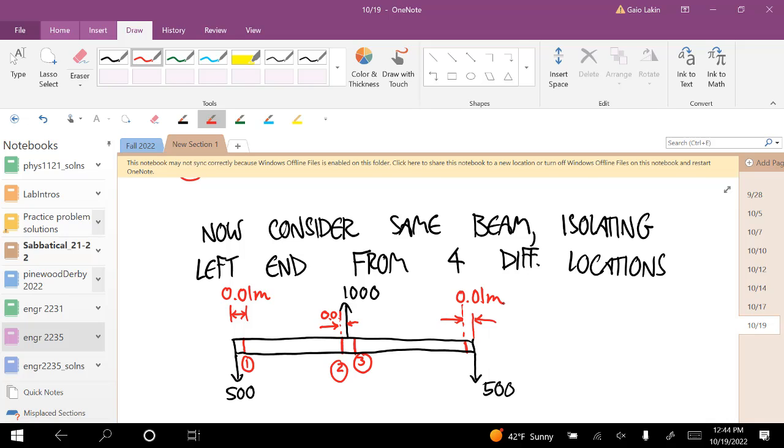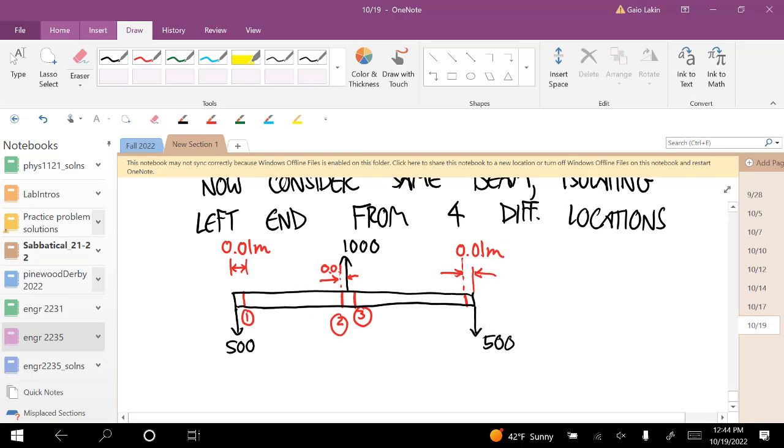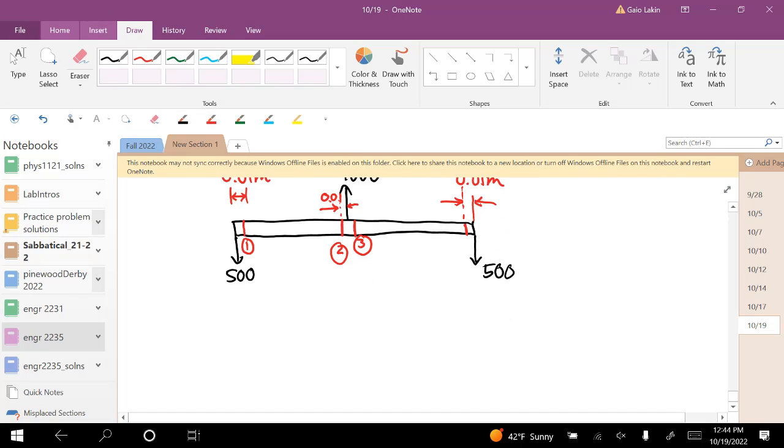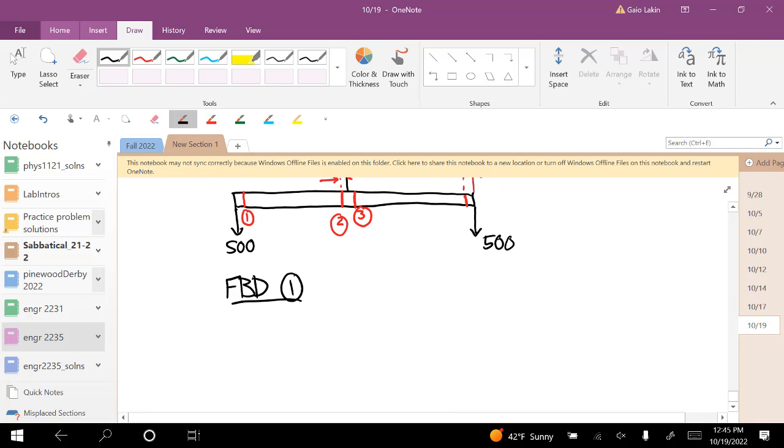Well, I'm not doing a calculation. I'm just going to draw the free body diagrams. But I want you to notice something about these free body diagrams. So free body diagram, where the right end, where this piece ends at 1, looks something like this, right?